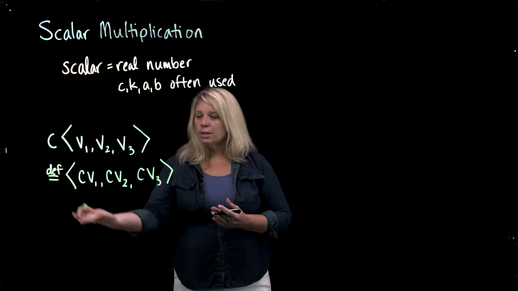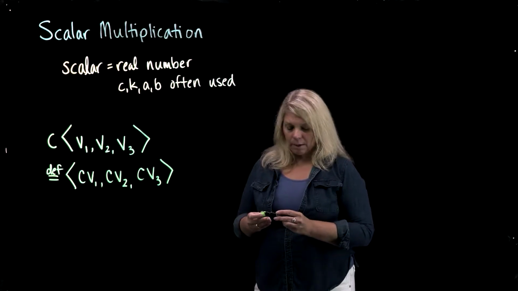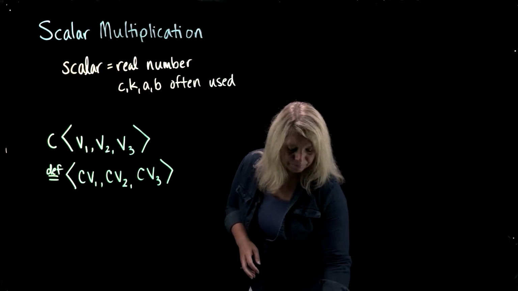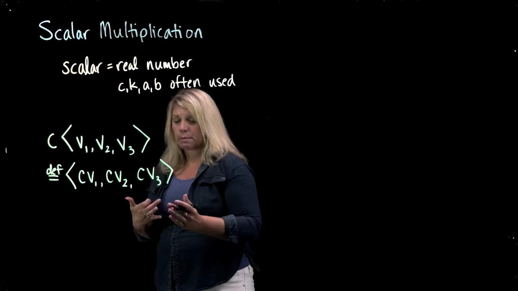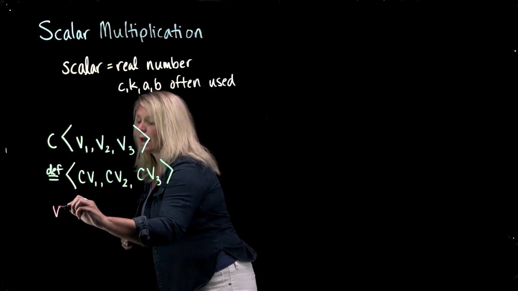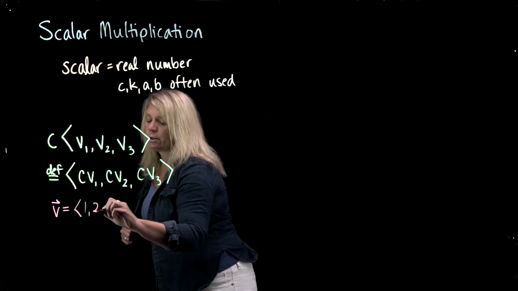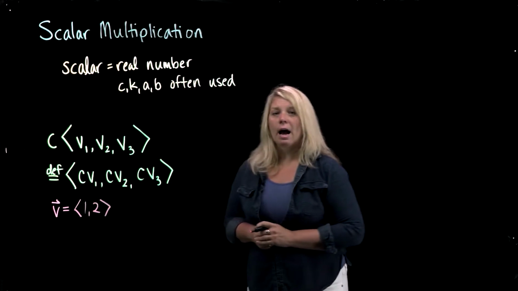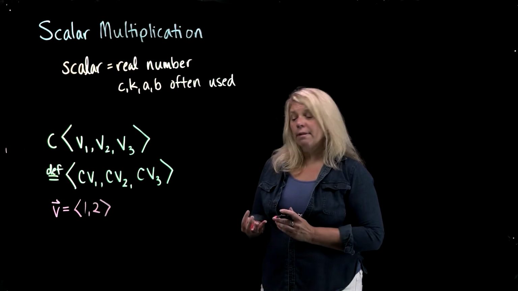And if we look at this geometrically, you can see a little bit why this might be called scalar multiplication. So if I take a vector, say, we'll just do one in 2 dimensions here, so it's easy to draw and look at. So let's say that I take a vector that is, say, 1, 2, and then I multiply that vector by, say, the scalar 3.